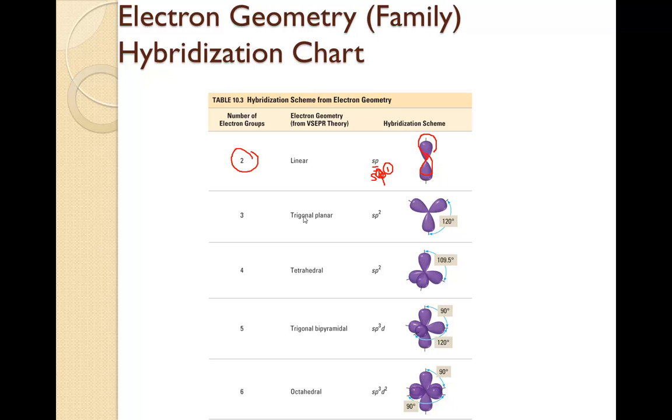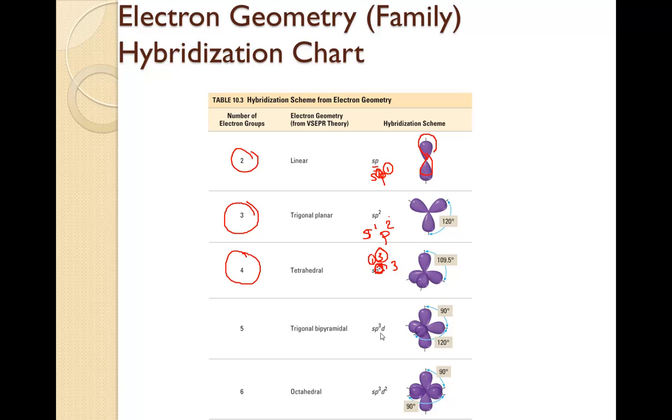Trigonal planar, we have one s group and 2 p orbitals that are overlapping, for a total of 3 electron groups. And we can keep going. For tetrahedral, let's just say 3 here. There's 1 s group, 3 p groups that are overlapping to get 4. That is a misprint in the book, so make sure that says 3 there.